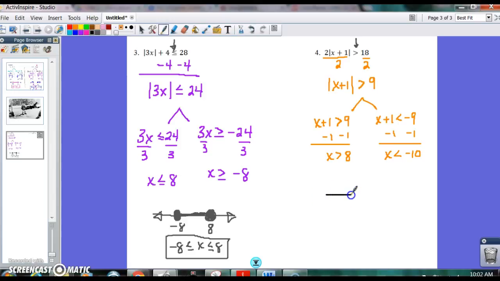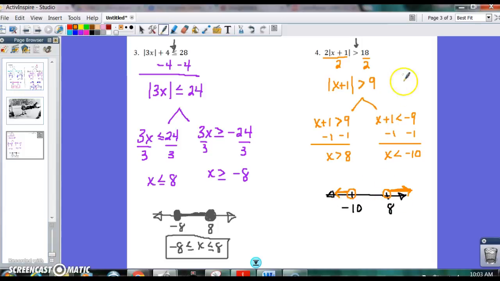Here's my number line. Again, nothing fancy. Negative 10 is smaller than 8, so I'm going to put negative 10 on the left. I'll put 8 on the right. I have an open circle. X is greater than 8, so I shade to the right. I have an open circle at negative 10, and x is less than negative 10, so I shade to the left.